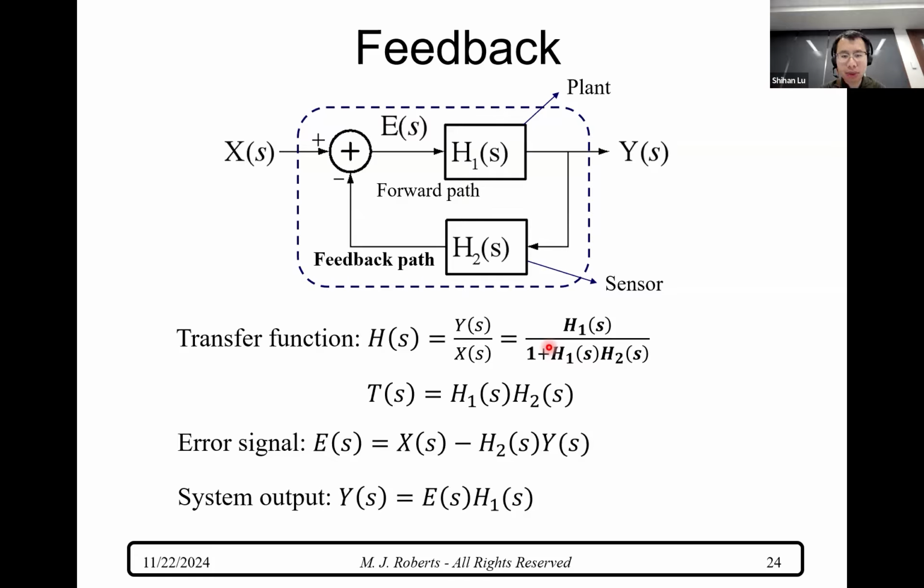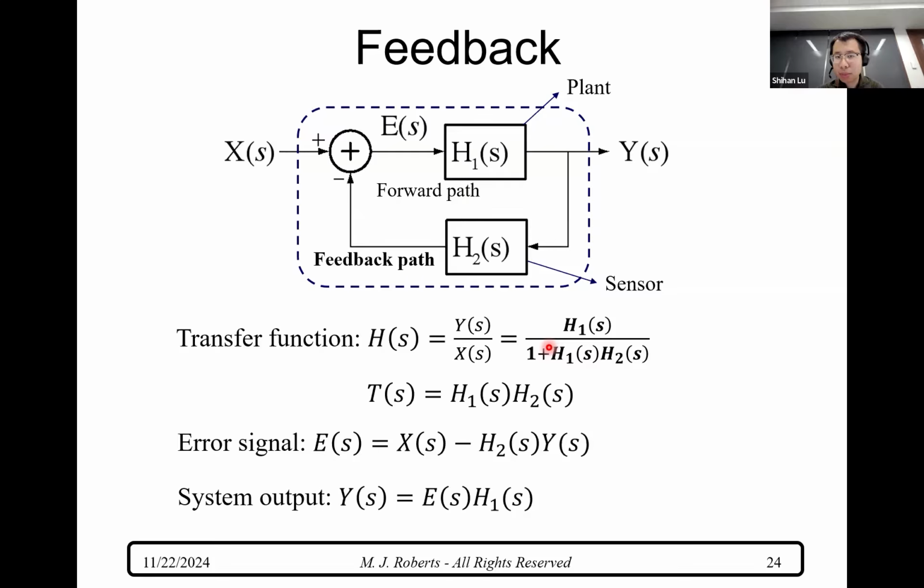The error signal is the signal that we actually feed into the original system, plant H1 of S. The way we generate the error signal is that we take the input signal and subtract the signal that comes from the feedback path.